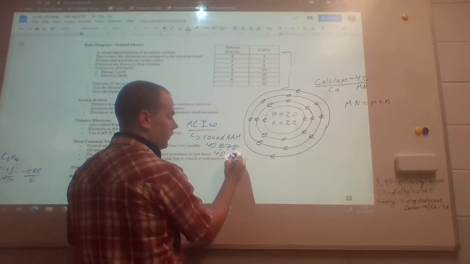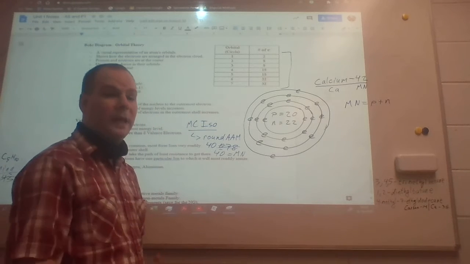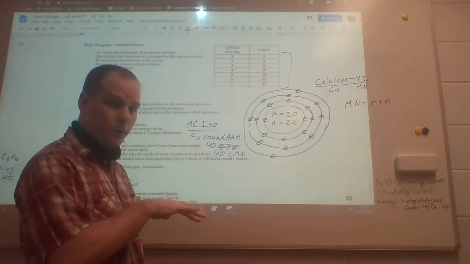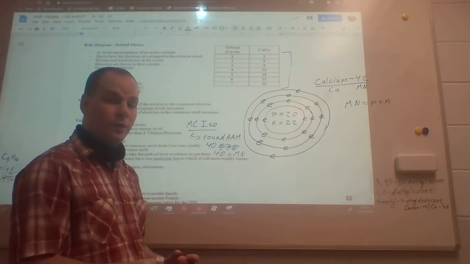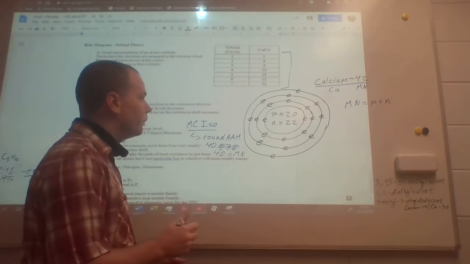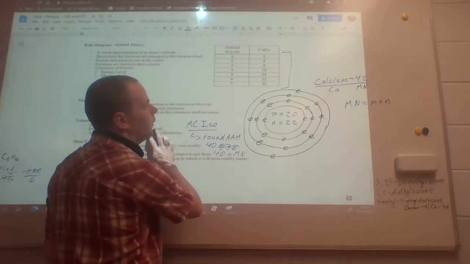So 40 is the mass number for the most common isotope of calcium. So that's another way that I can give you the mass number without actually telling you what the number is. But you have to have a periodic table in order to do that.